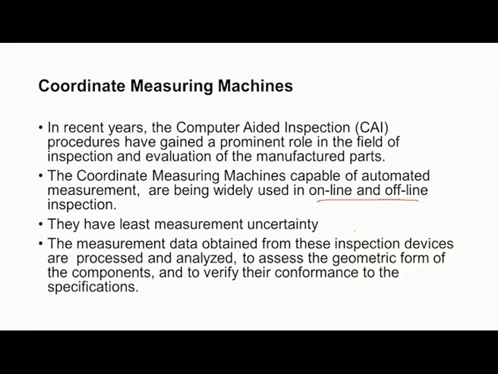Online inspection is also possible. In the production line itself, we can include CMMs and the features can be checked. If the errors exceed the specified values, feedback can be given to the main computer so that changes are made in the programs and errors are brought back within the limits.